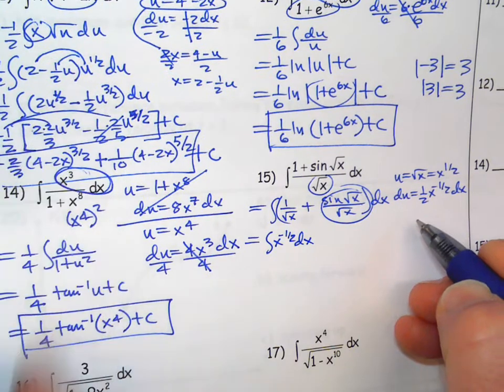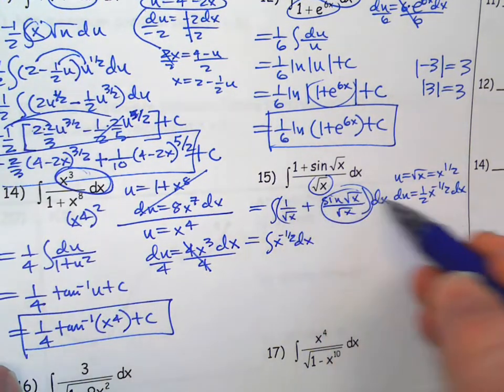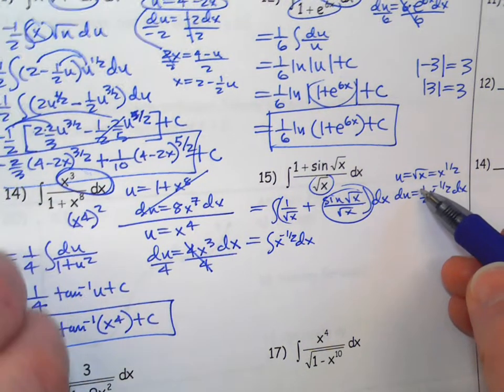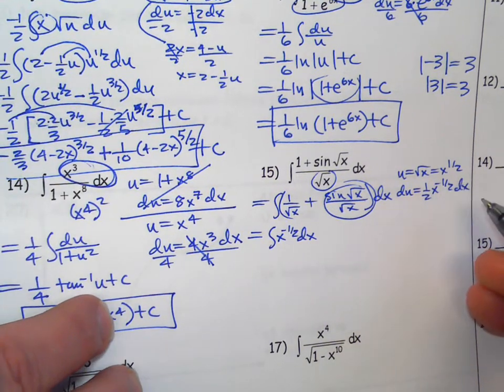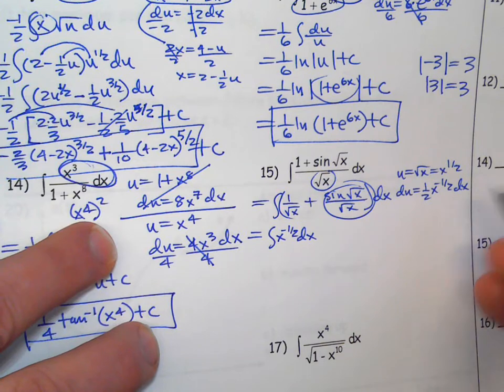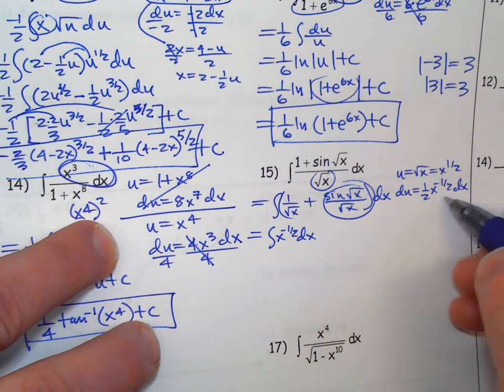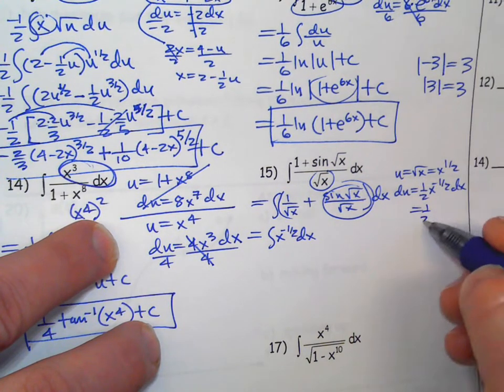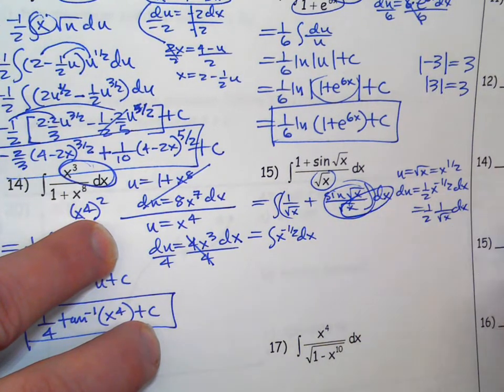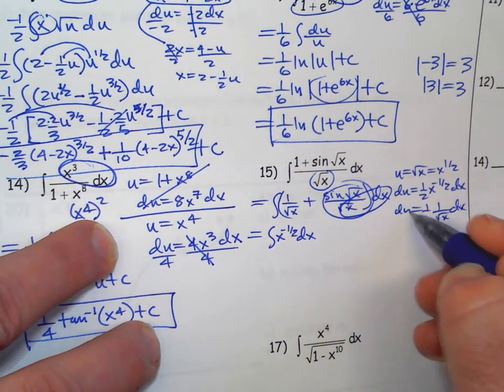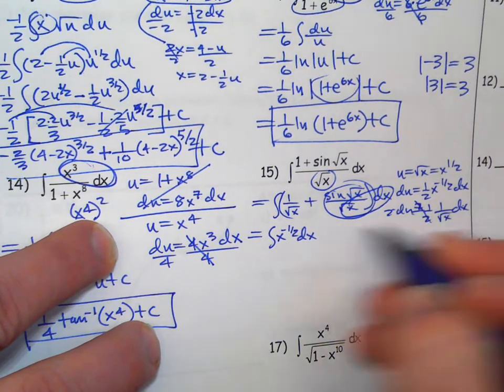Break it up. You could try and bring this into your whole u substitution thing when you don't need to. It's just going to make it harder, but I bet you're going to mess it up too. So it's not just going to be harder, it's going to be wrong. So in this one right here, this is 1/2 times 1 over the square root of x dx. That's what I want right there. Now, I don't want the 1/2, so I'm going to multiply by 2.